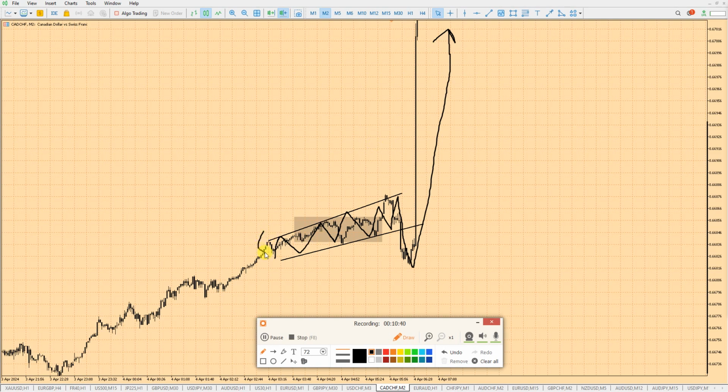Now the accumulation is no longer horizontal but diagonal. So this is my accumulation, manipulation, then distribution like this.